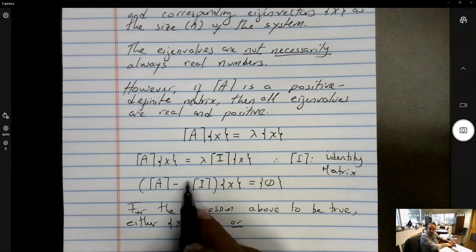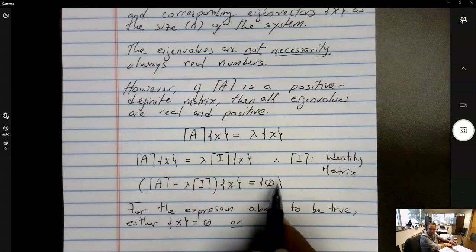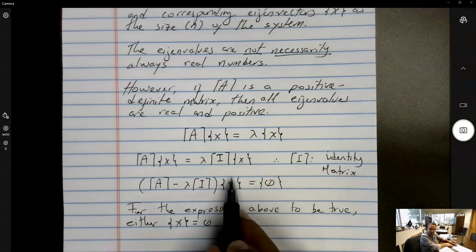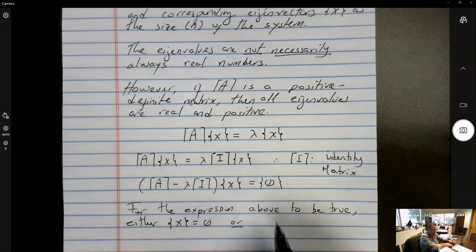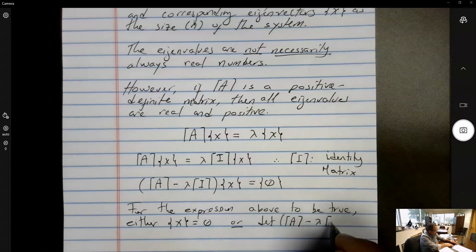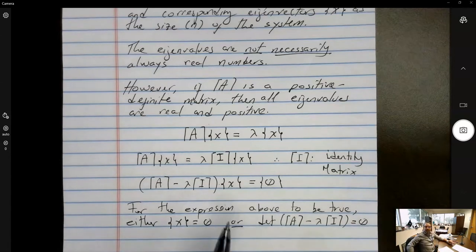We have a product here of two things. This times this equals 0. So in order for that to be equal to 0, either this is equal to 0 or the determinant of A minus lambda I is equal to 0. We cannot say that this entire thing is equal to 0 because this is a matrix, but we can say that the determinant of that is 0. And if the determinant of that is 0, then when multiplying times x, we should get 0.